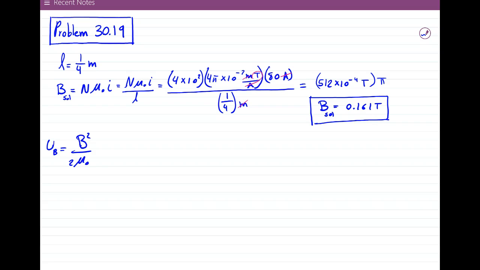It's going to be 0.161 Tesla squared divided by 2 times mu sub 0, so it's going to be 8 pi.